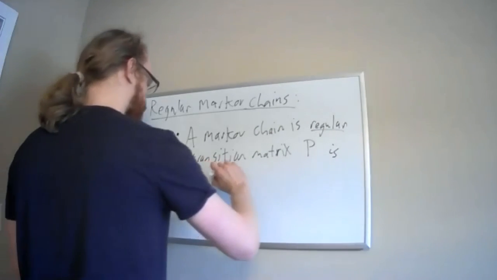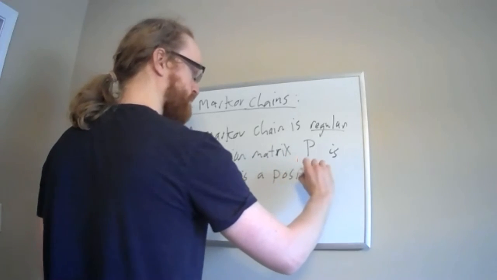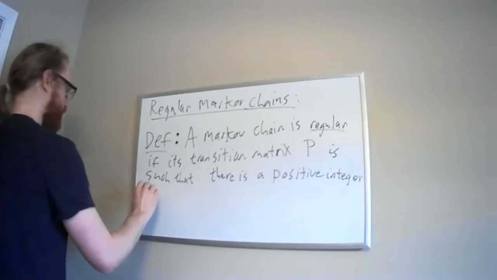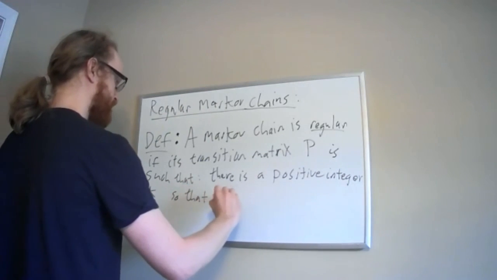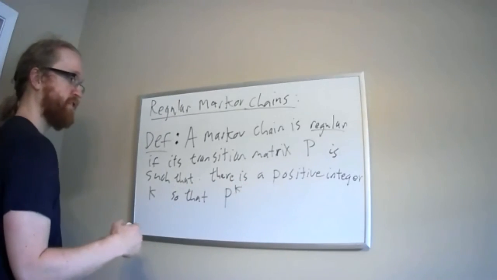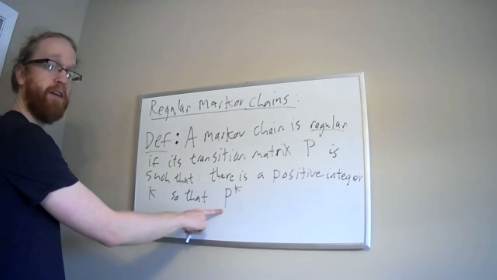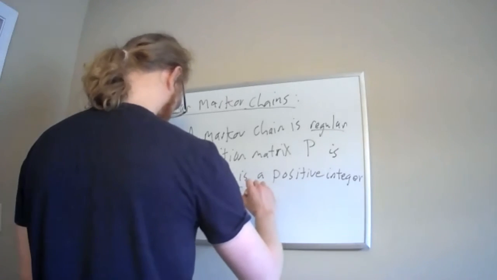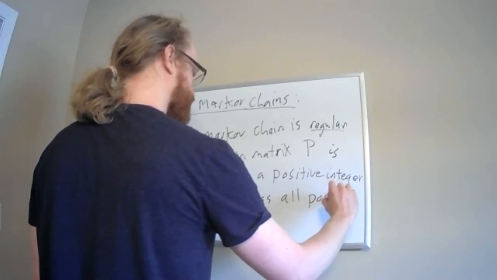There is a positive integer, a whole number, k, so that when I take the kth power of P, there are no entries that are 0. Every entry of this matrix, P to the kth power, will be a positive number.